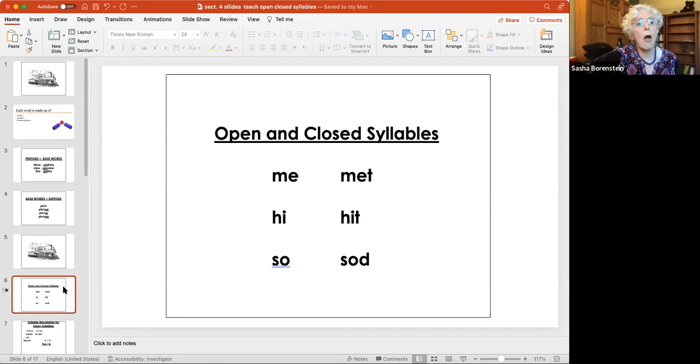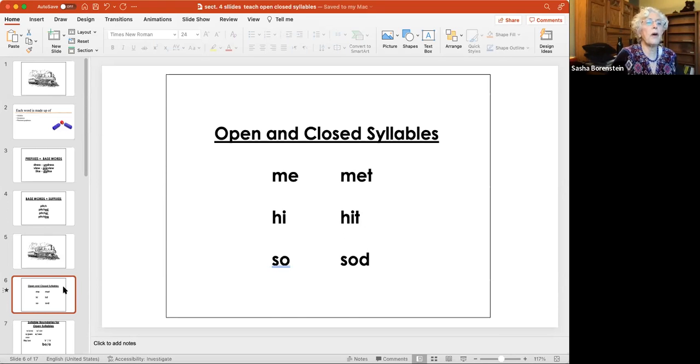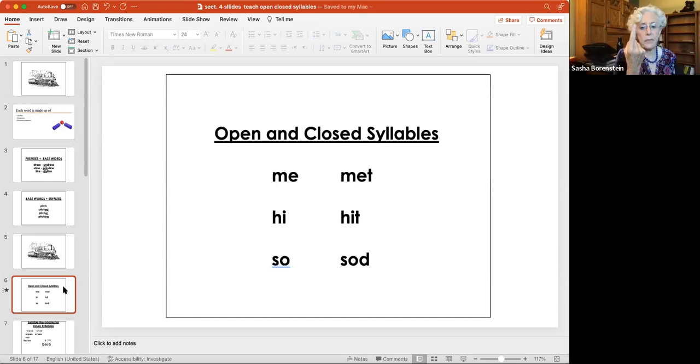So, sod. Do these words follow the pattern? Yes, they do. Okay, so if I were to ask you to define the three things that are important about open and closed syllables, what's one? The vowel at the end by itself says its name. That's right.